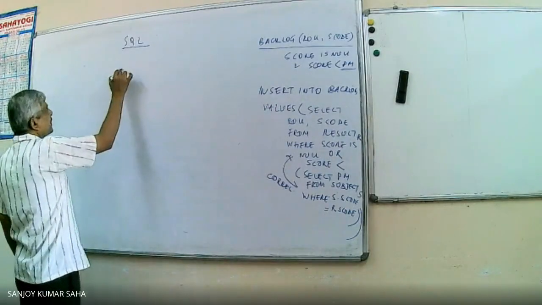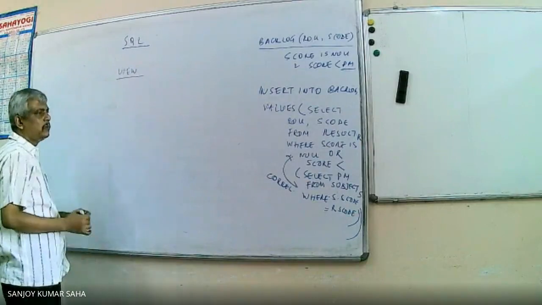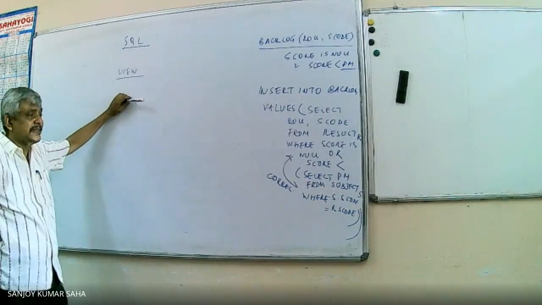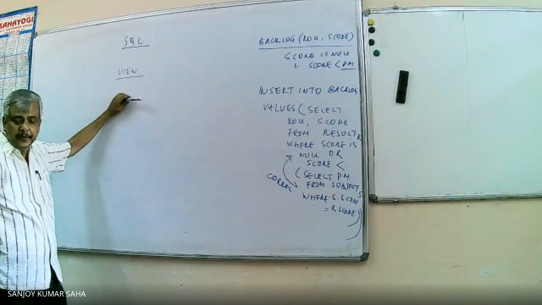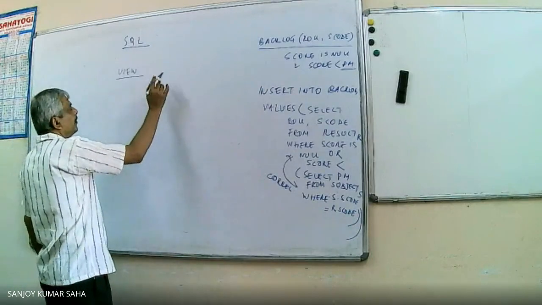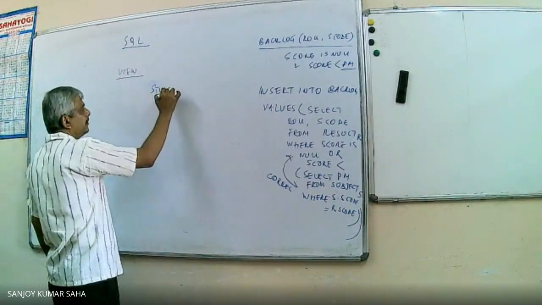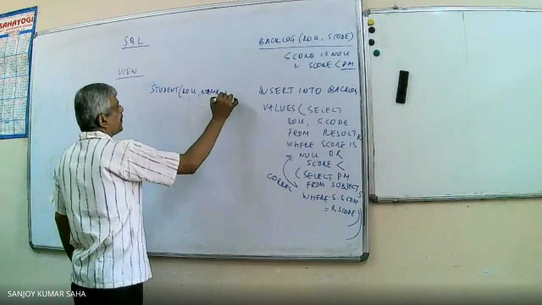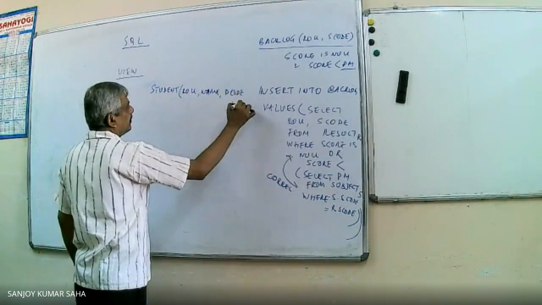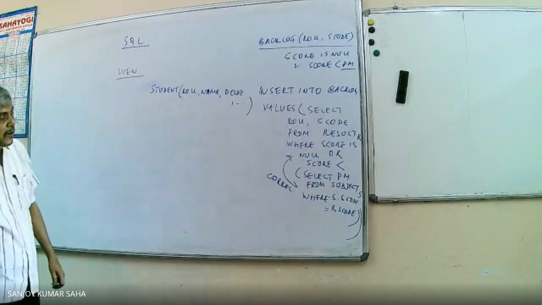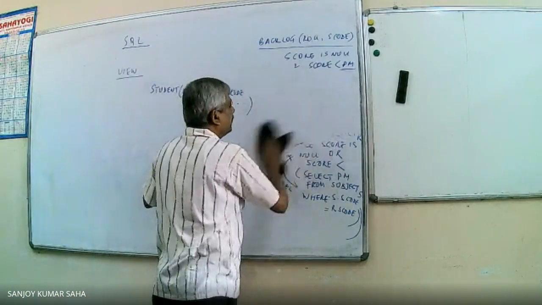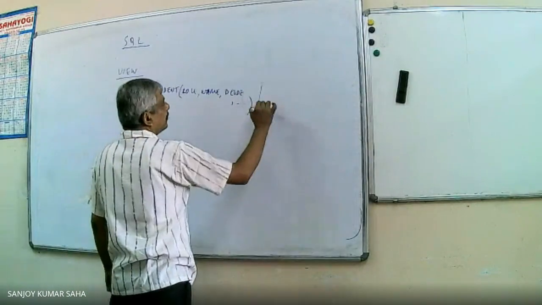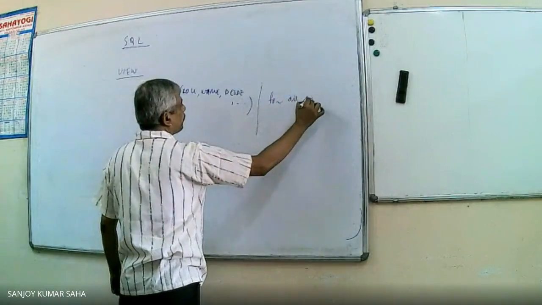There is another concept called view. See, as we have talked about at the very beginning, that we have a physical level, conceptual level, then the view level. Suppose we have the list of students, say roll, name, department code, etc. for all students.